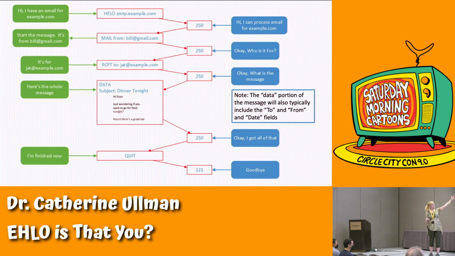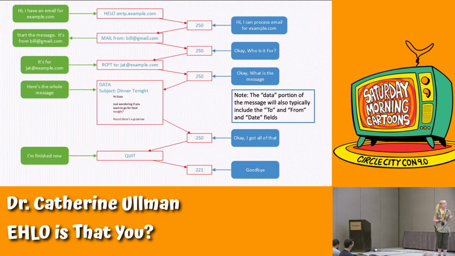And so the first thing we see is EHLO. For those of you who didn't get the EHLO joke, there are two ways you can say hello to a mail server. One is hello, H-E-L-O, and the other is EHLO. Again, it's just sort of an updated version of that same conversation. That's where the EHLO comes from.